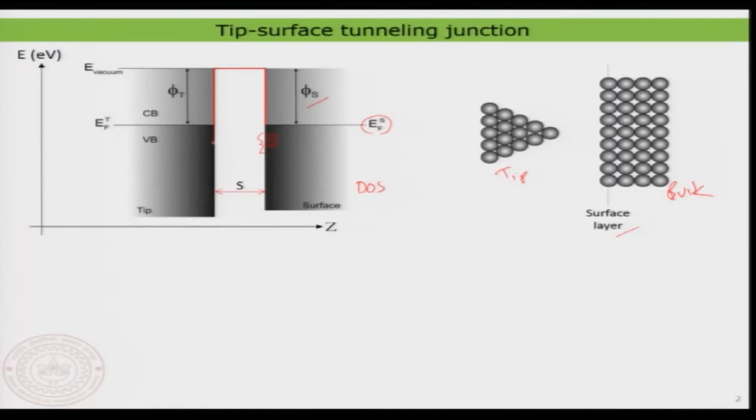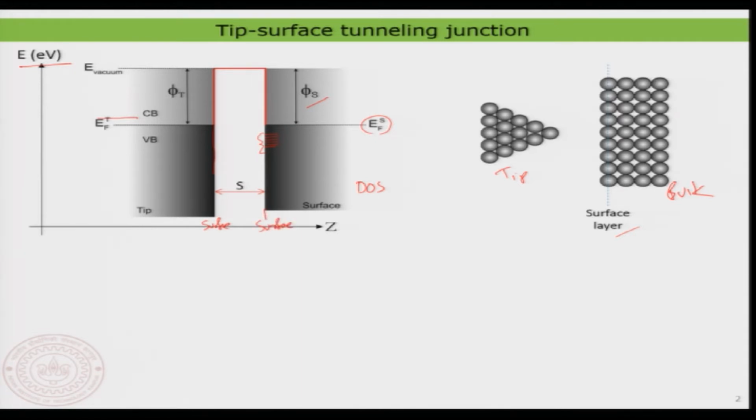But when I draw a flat line here, this is indicating that as a function of electron energy, around the surface, this is basically the surface of the tip, and this is the surface of your sample.